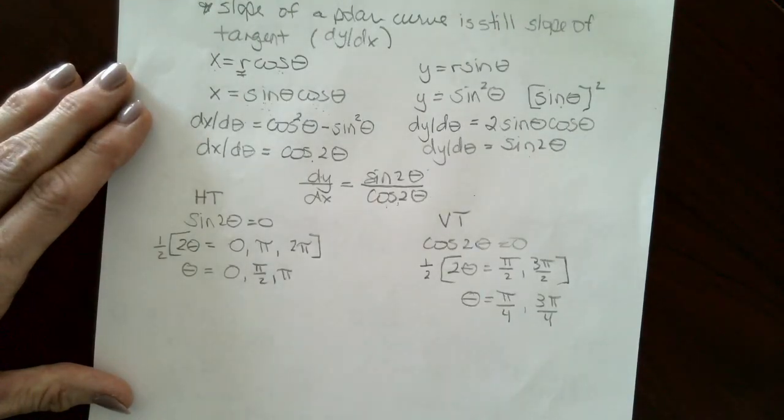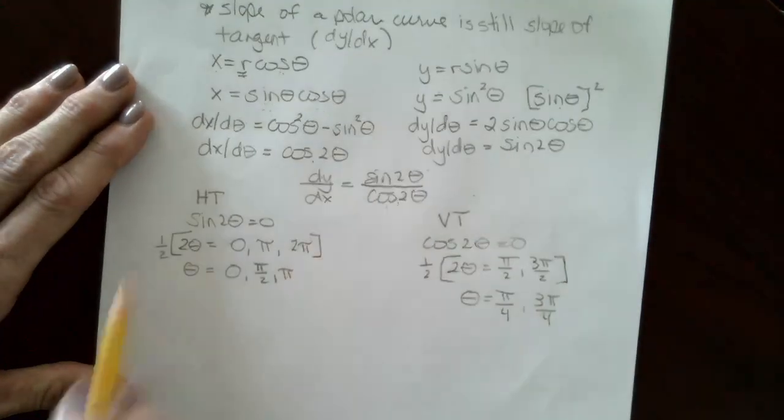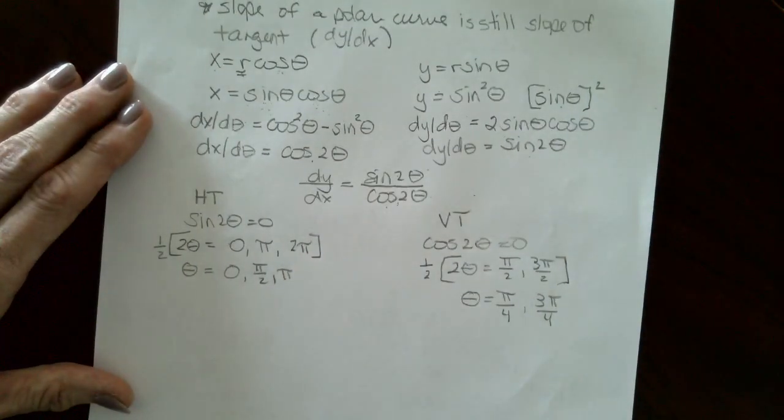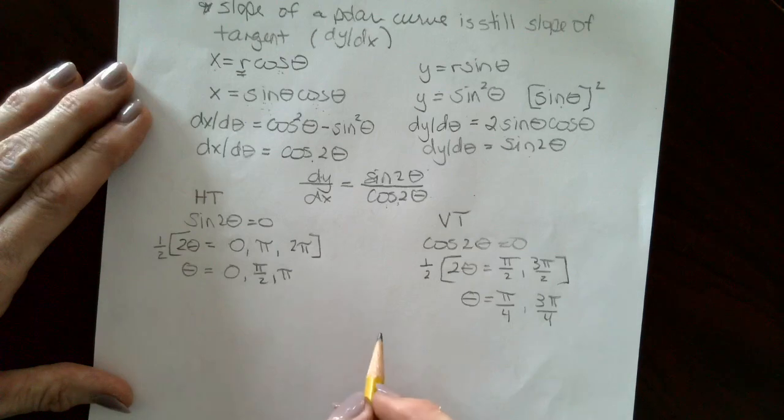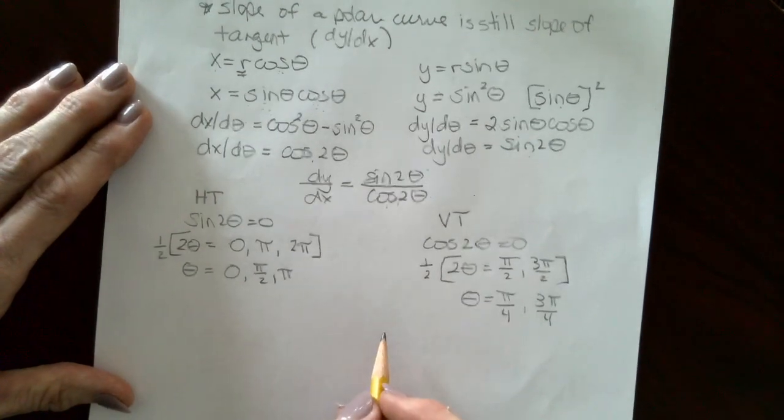Okay, guys, so this has 2 stars by it, so it came from an FRQ. Is that enough work for my FRQ? For my final answer? Probably not. I would need to say horizontal tangents occur at. Now, what did they ask for? Did they ask for theta values or points?